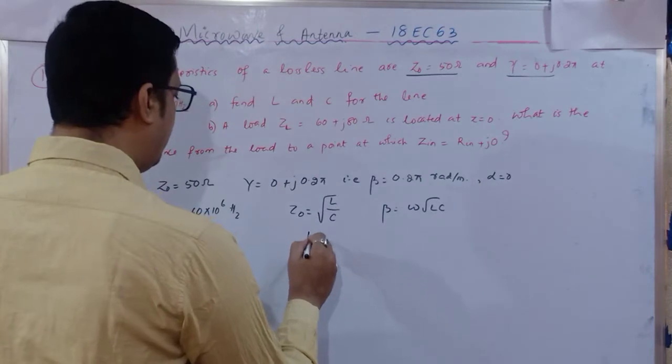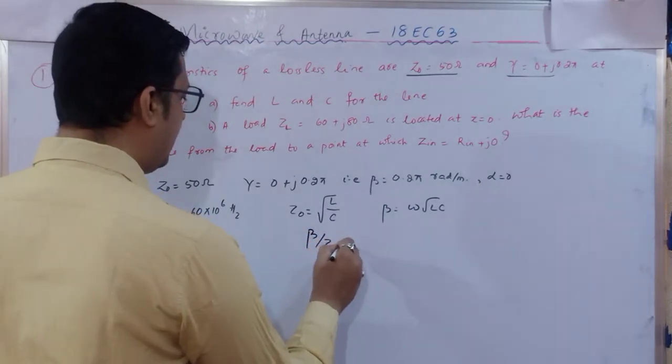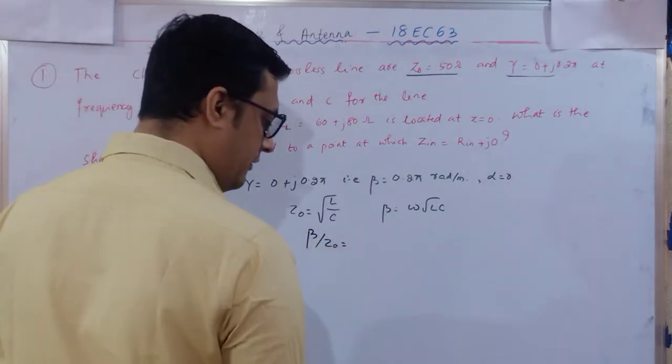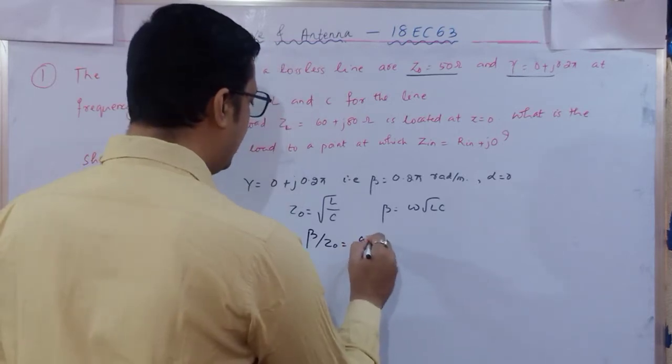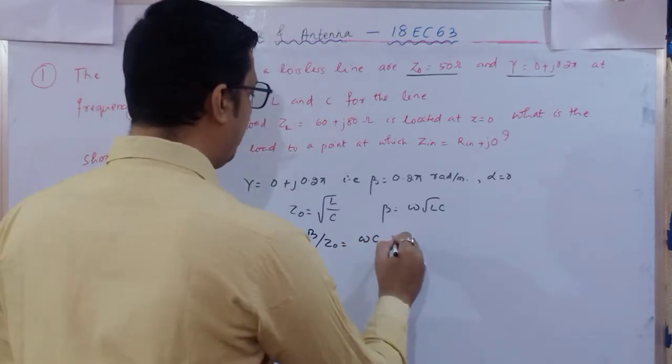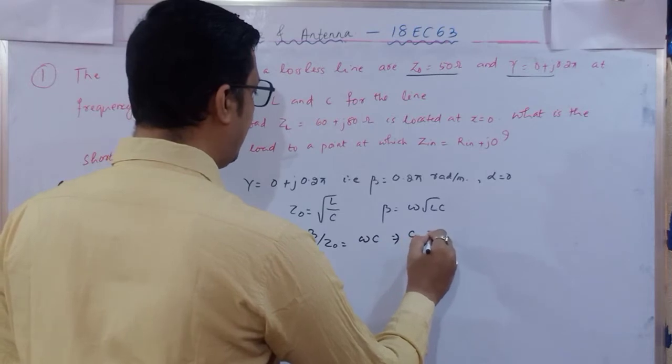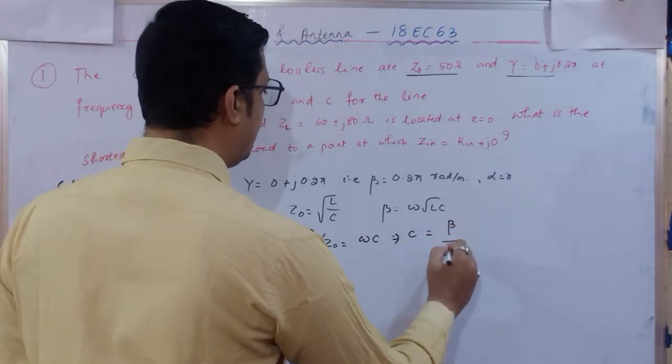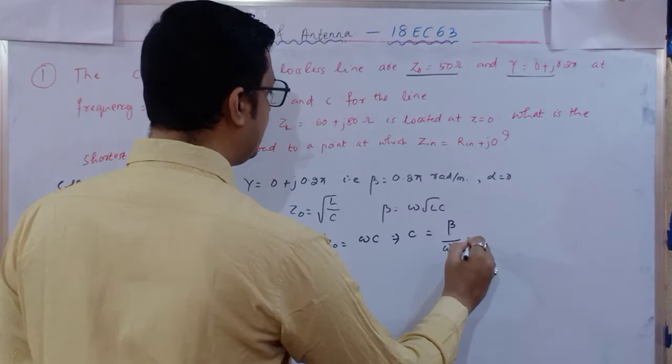If I divide beta by Z0, you will get omega into C, from which capacitance can be identified as beta by omega into Z0.